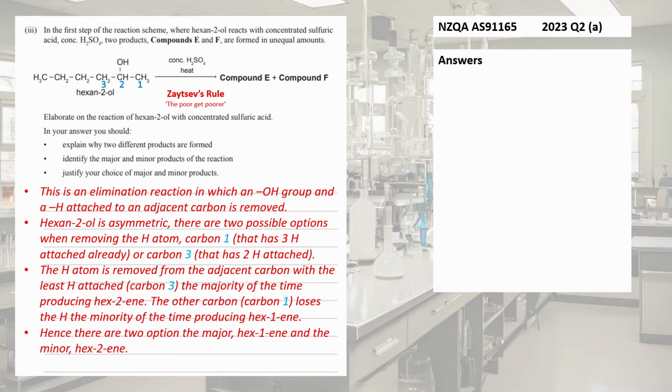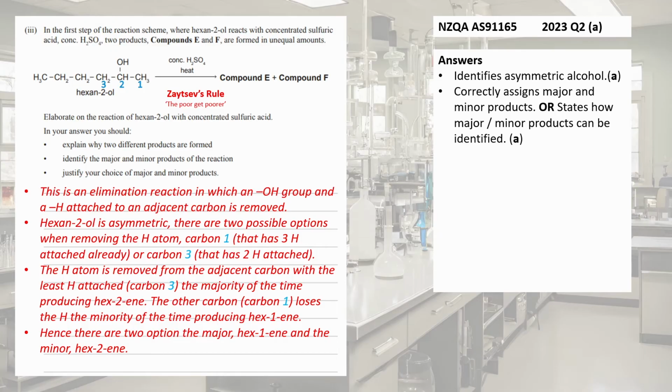So if we go to mark this, the first thing is, can we identify that this molecule is asymmetric? Yes, we did, and we used the word asymmetric. Did we assign correctly which one was going to be major and minor? Yes, or we could have stated how we could identify major and minor products.